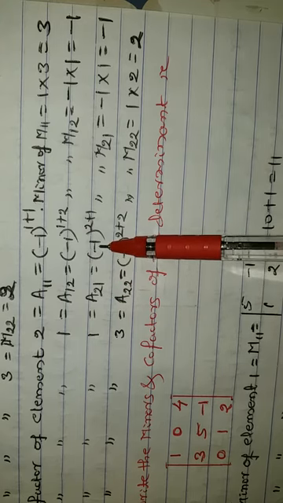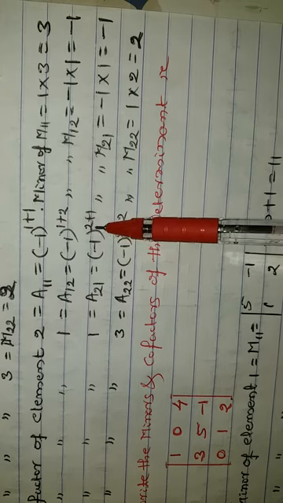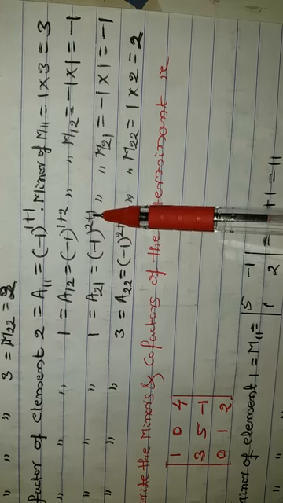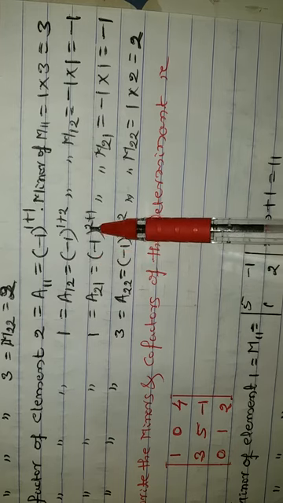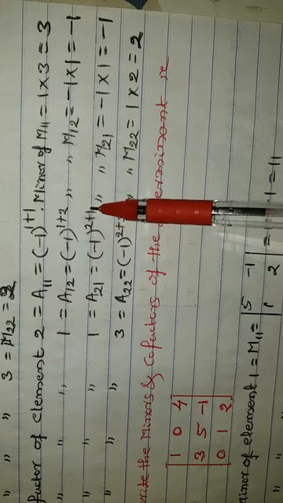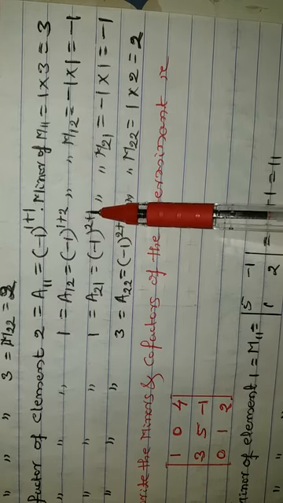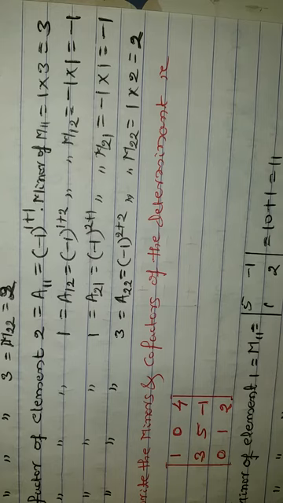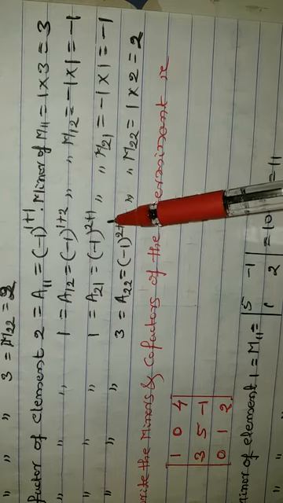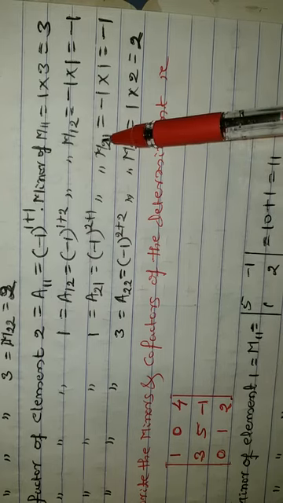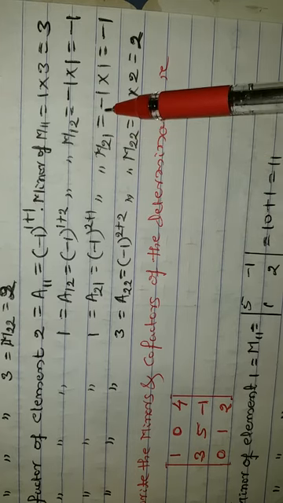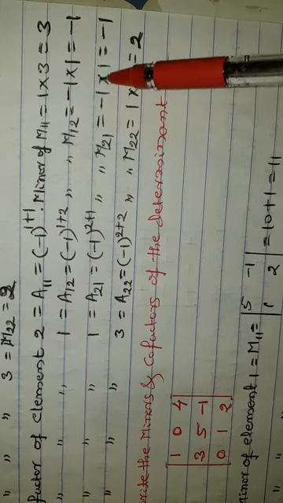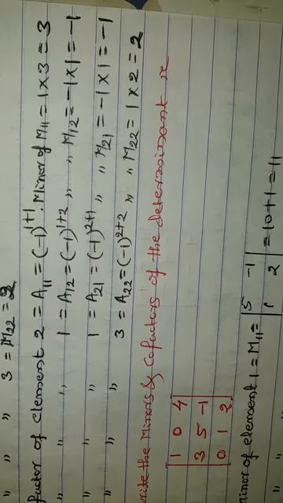That equals minus 1 to the power 2 plus 1, because the A21 element belongs to the second row, first column, so ith row plus jth column. Into the minor M21, which gives minus 1 into 1, that equals minus 1.